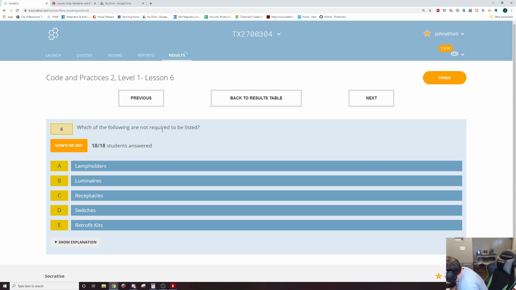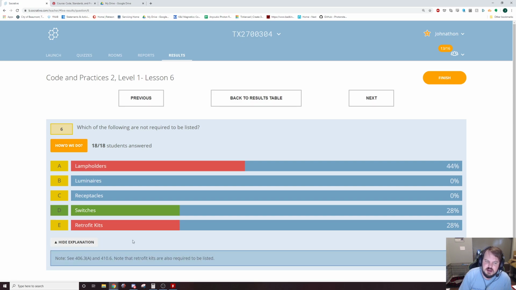And I do not see anything about listing in the switches location, which you would think that switches would be listed. So 406.3A, which is where I looked, and 410.6.